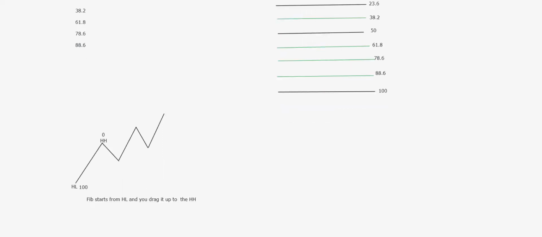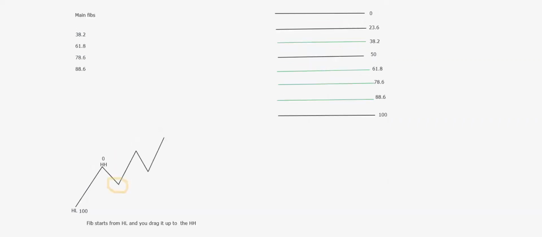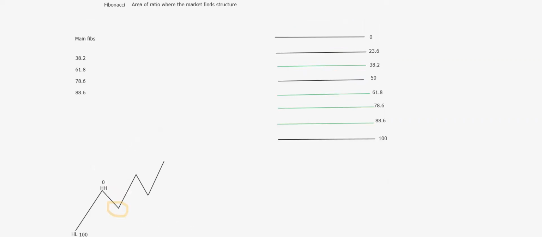The purpose of this fib is to track where the next high low is going to be. That high low can fall to 23.6%, 38.2%, 50%, 61%, 78%, 88%, or 100%.